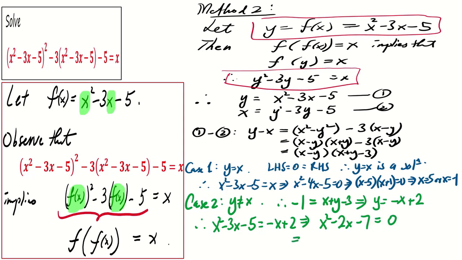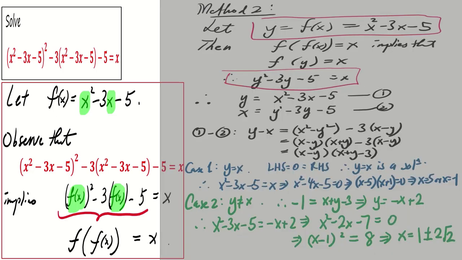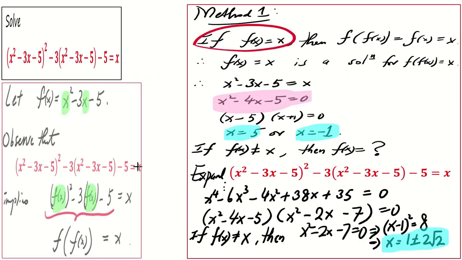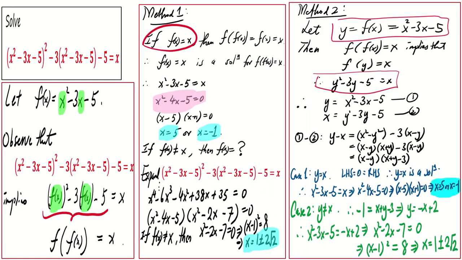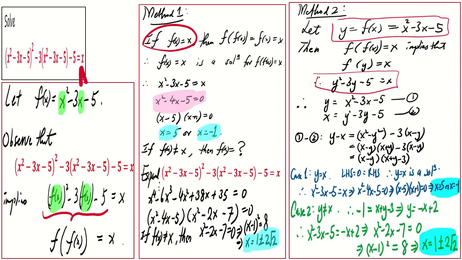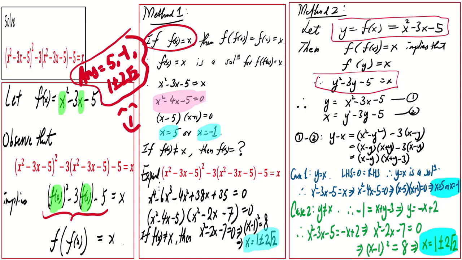By completing the square, we obtain (x minus 1) squared equals 8. And finally, x equals 1 plus minus 2 square root of 2. We can combine method 1 and method 2 as shown. Both of the methods give us exactly the same answer, and the answers are x equals 5 or negative 1 or 1 plus minus 2 square root 2.